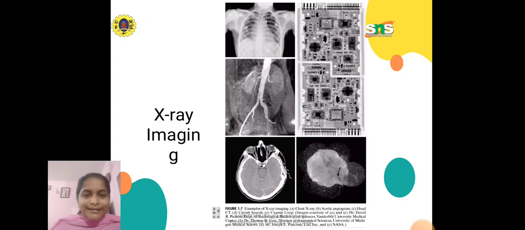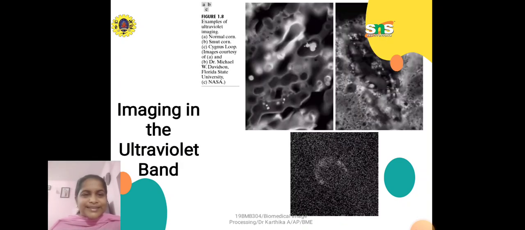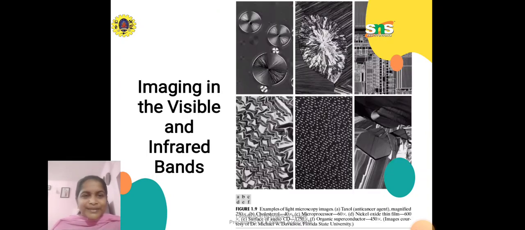Okay, see here this is X-ray imaging. Like gamma ray we have X-ray imaging. This is an example of imaging in the ultraviolet band, UV imaging. Then imaging in visible and infrared bands. Actually, we have X-ray, gamma ray, UV, visible and infrared bands.